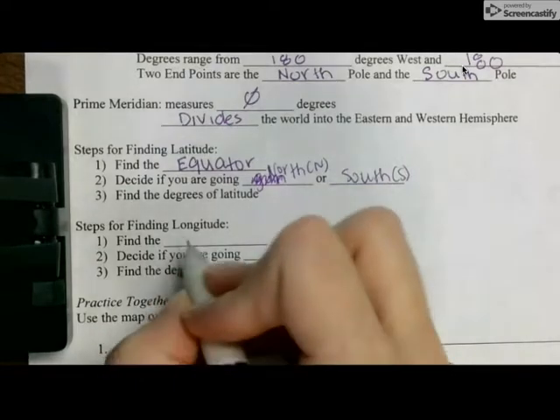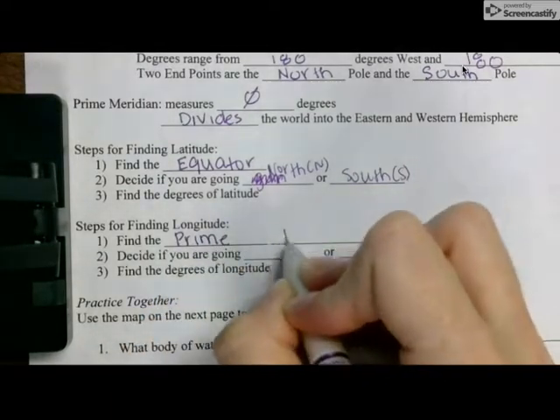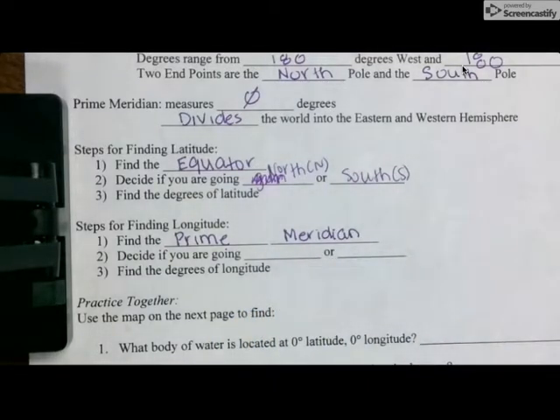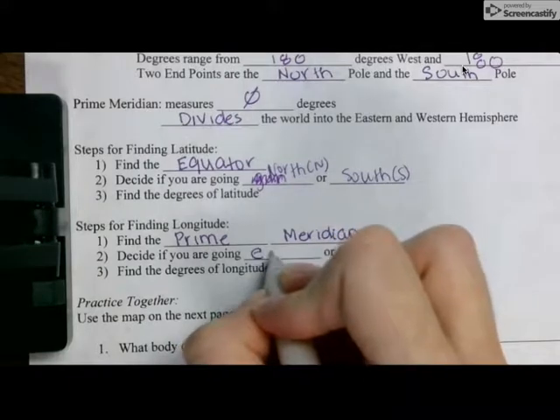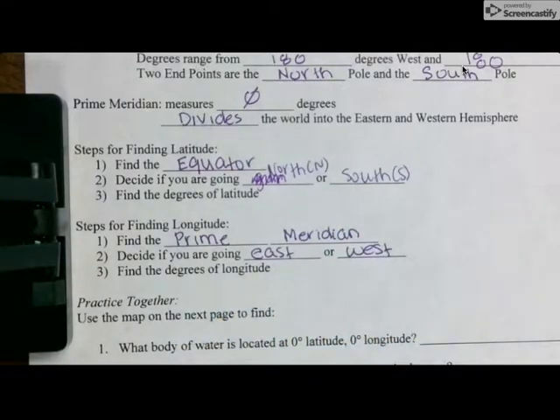If it's longitude, you find the prime meridian, and decide if you are going east or west. And now we will look at the bottom part.